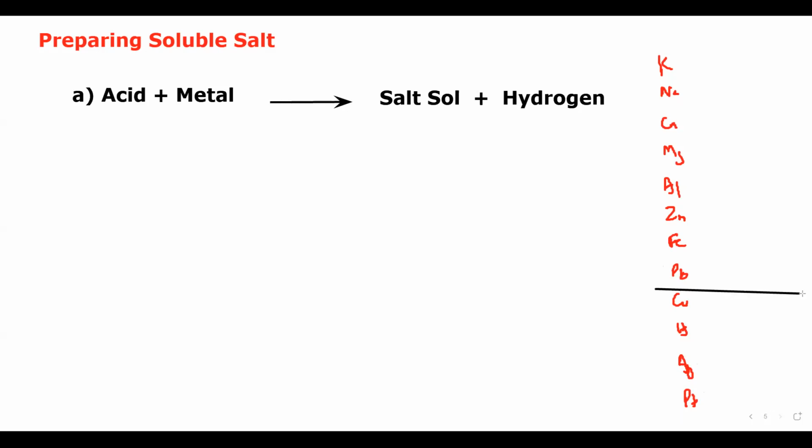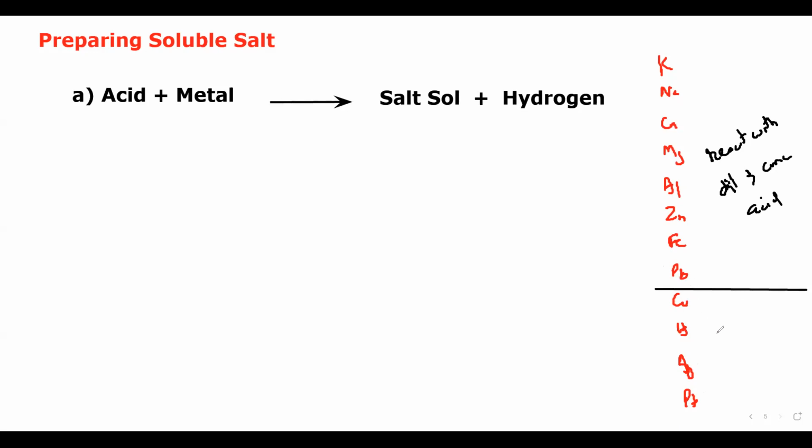Till this point they can react, because in the lab we are using dilute acid, so they can react with dilute and concentrated acid both. Whether the acid contains more water or less water, they can react with both of them.